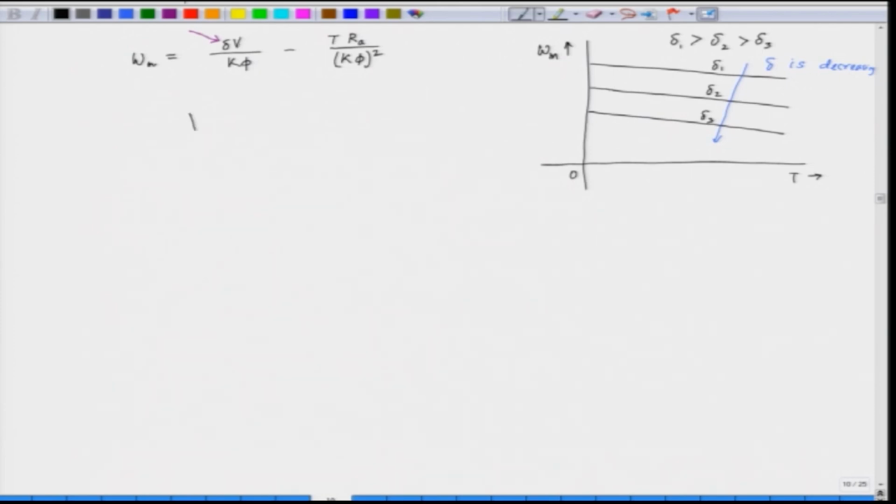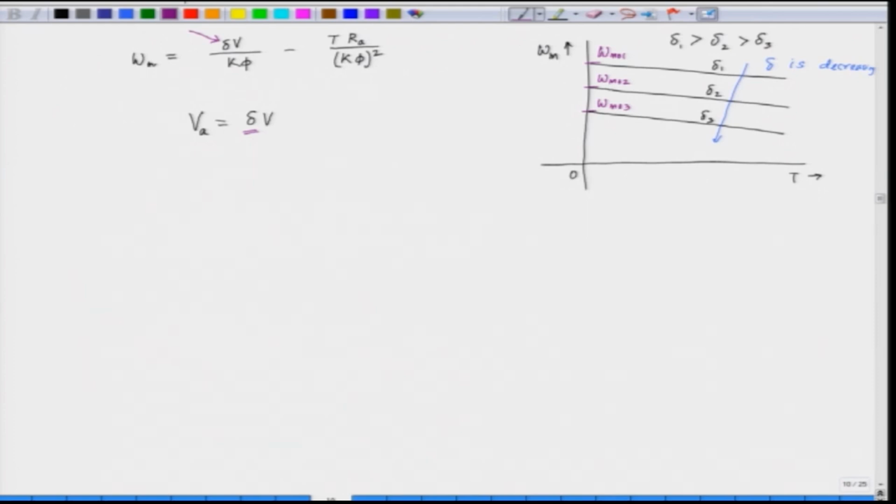So, delta V is the armature voltage, and when delta reduces, V A reduces, and the no load speed reduces. This corresponds to omega m naught 1, the no load speed, omega m naught 2, omega m naught 3. The no load speed reduces, and hence we get parallel lines in this case; with the decrease of delta, the no load speed also reduces.